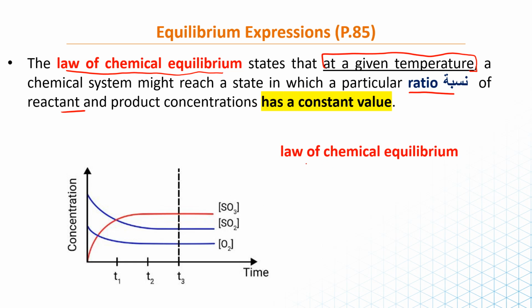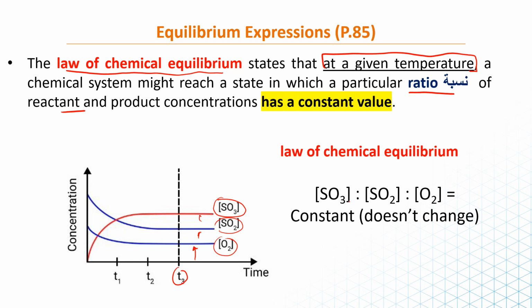So here, if we try to talk about the law of chemical equilibrium, you will notice that هني concentration ثابت after time 3. Here it is constant. Here it is constant as well, right? So the ratio نسبة ال SO3 إلى ال SO2 إلى ال O2 ما تتغير at different times يعني.